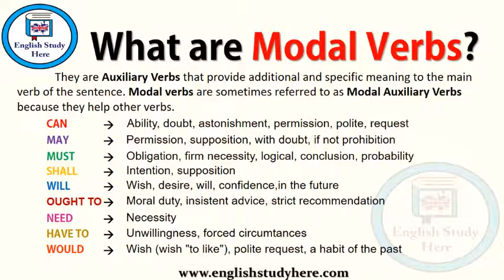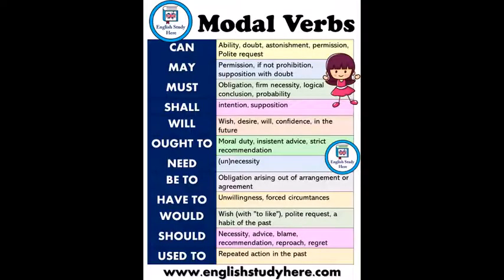But what are the expressions that are created while using shall and will vice versa? The expressions are determination, promise, warnings, certainty. Like when you create a threat, a warning, a determination, or a promise with someone, that time will and shall have their vice versa use.